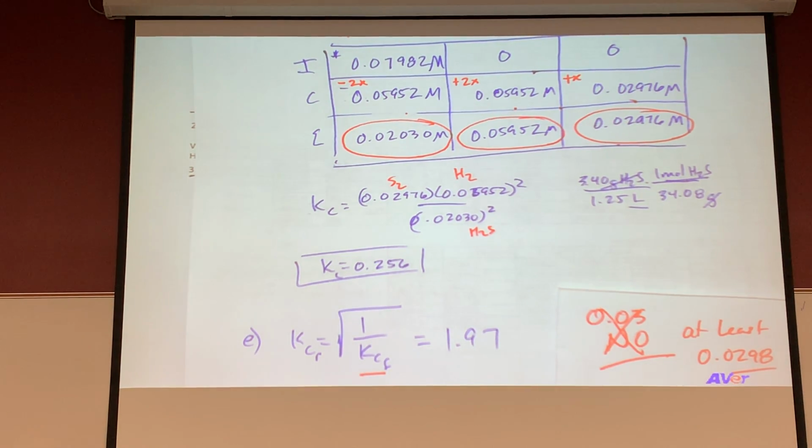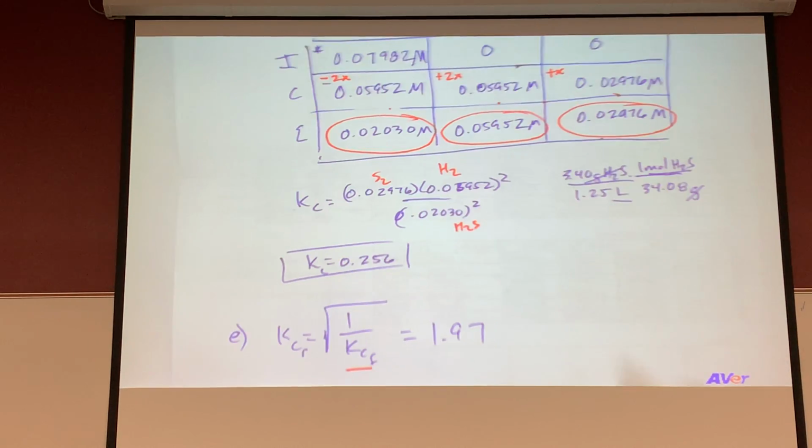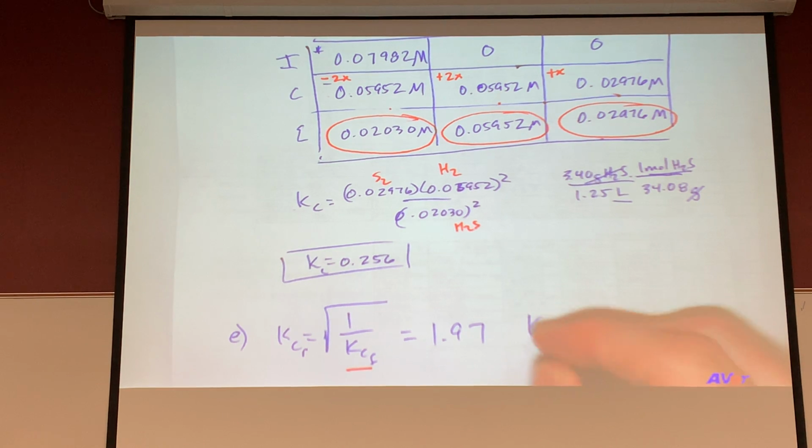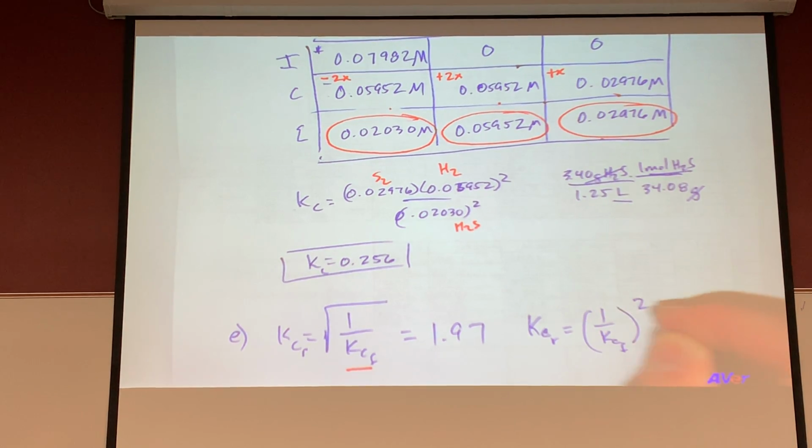Any other questions about this? Ariana? Is it for part E how everything is reversed and cut, it looks like reverse and double? Then you square it. Yeah, so you'd say K, C in the reverse, which will be equal to, you double it and then square it.